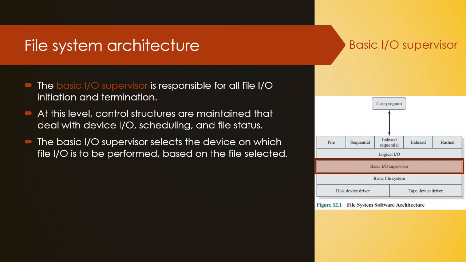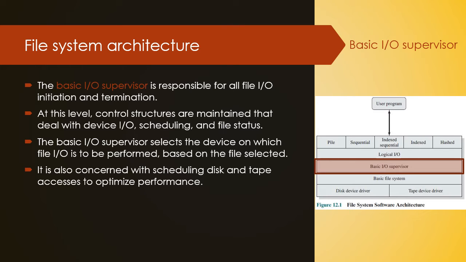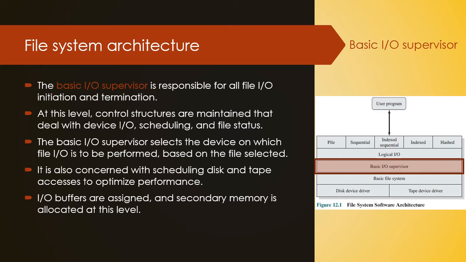The basic I/O supervisor selects the device on which file I/O is to be performed based on the file selected. It is also concerned with scheduling disk and tape accesses to optimize performance. I/O buffers are assigned and secondary memory is allocated at this level. It is part of the operating system.